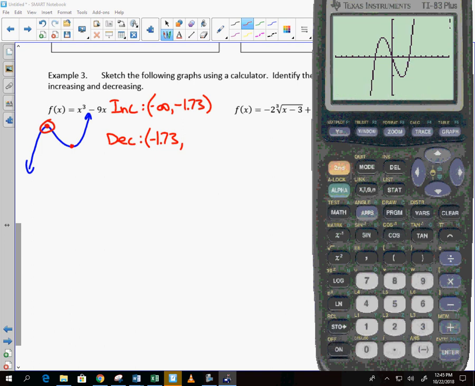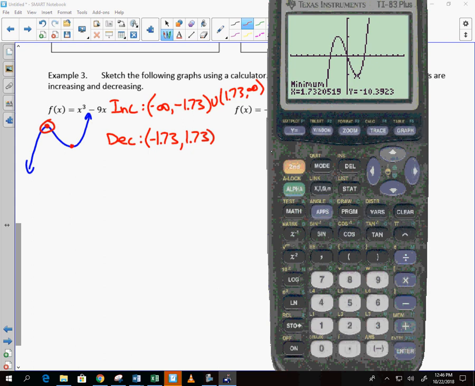And I press enter on guess. 1.73. And then it increases after that. So from 1.73 then to infinity. So those are my intervals of increasing and decreasing. Pretty straightforward for you? Any questions?